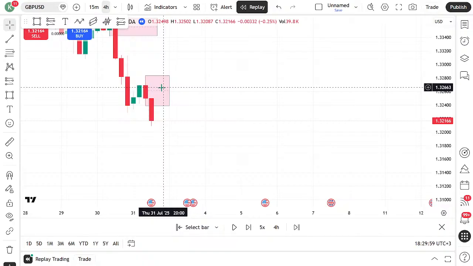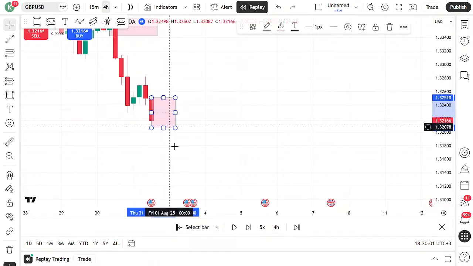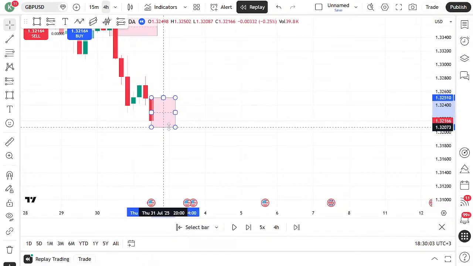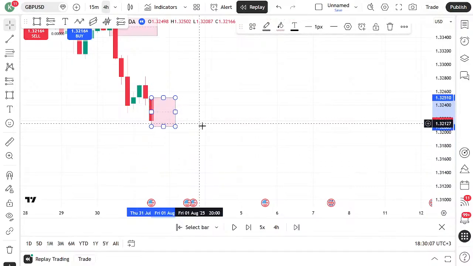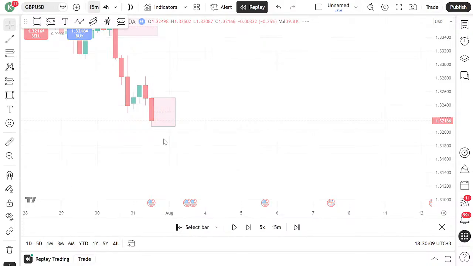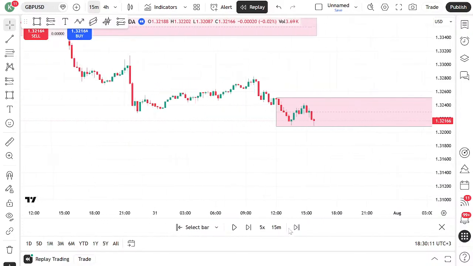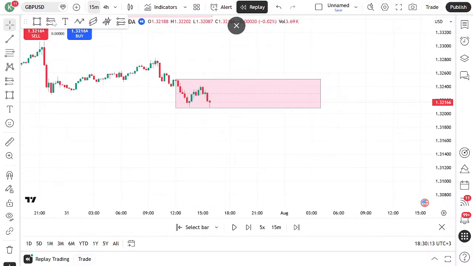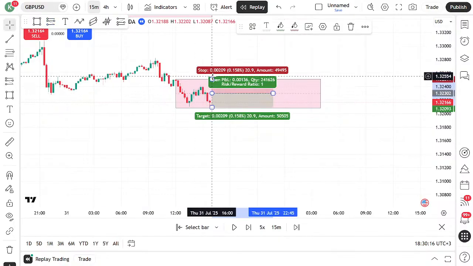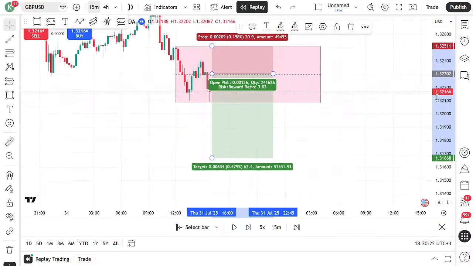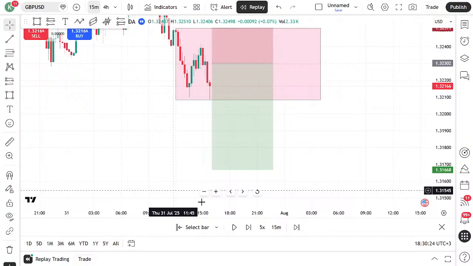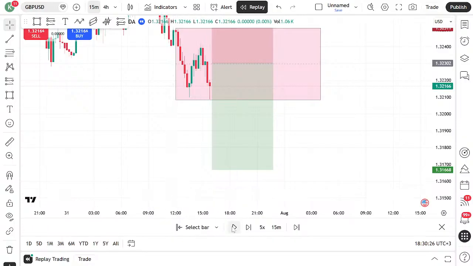We had a close below, mark the high, mark the low, drop down to the 15 minutes, and we want to take a sell from the midline, stop loss being just above the high and targeting a 1:3. This has a very small pip stop loss, but let's see how this trade plays out.